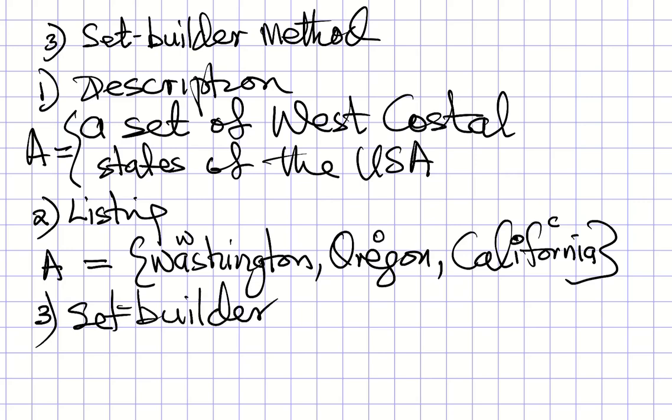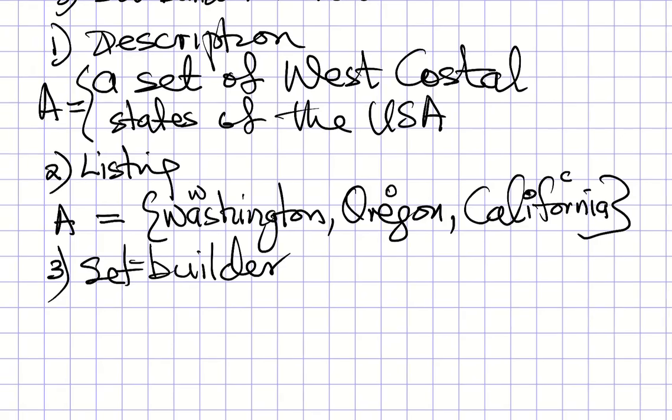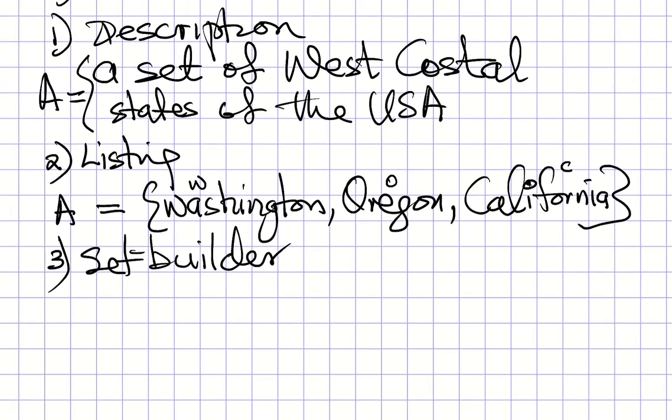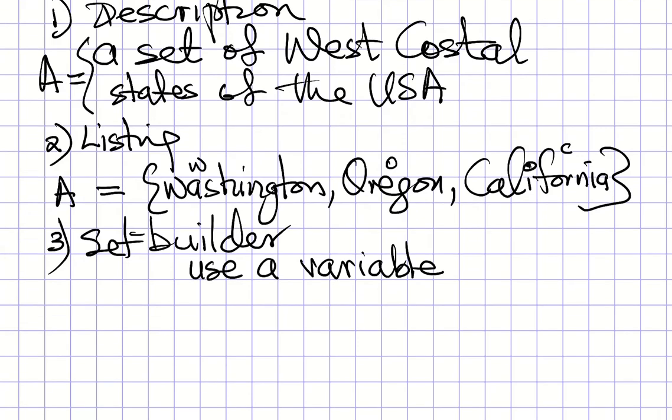What that means is, you use a variable, right? Let me write down. You use a variable. In mathematics, they usually use x, y. So you use a variable. You also use the brackets, right?